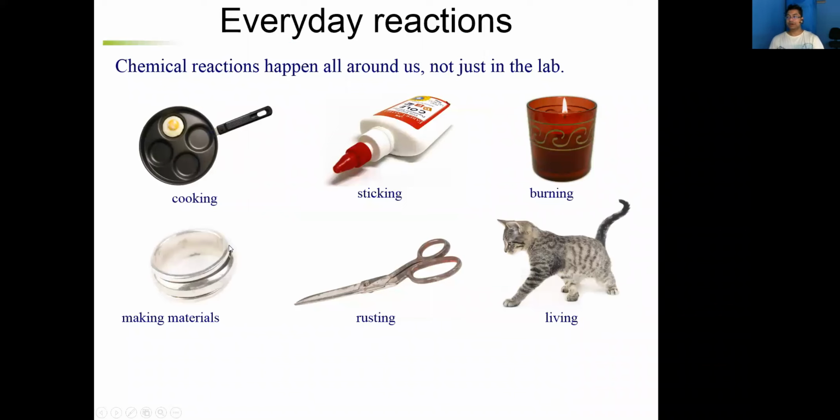Okay, so let's see some examples of everyday life chemistry. Where is chemistry? Let's redefine the question: what is not chemistry? I'm looking, and chemistry is everywhere, from cooking an egg omelette, to burning, and even our human body is full of chemistry.